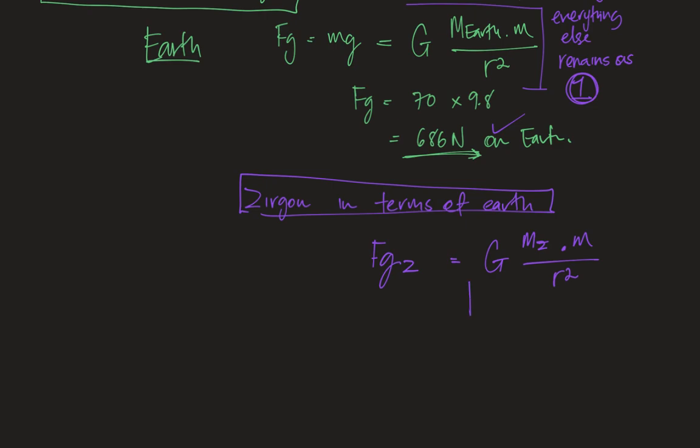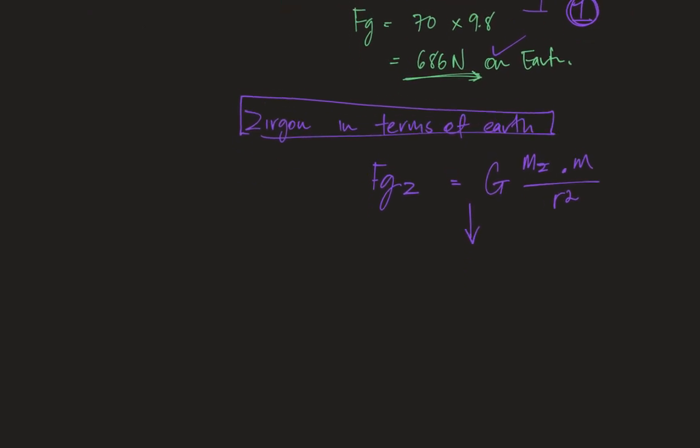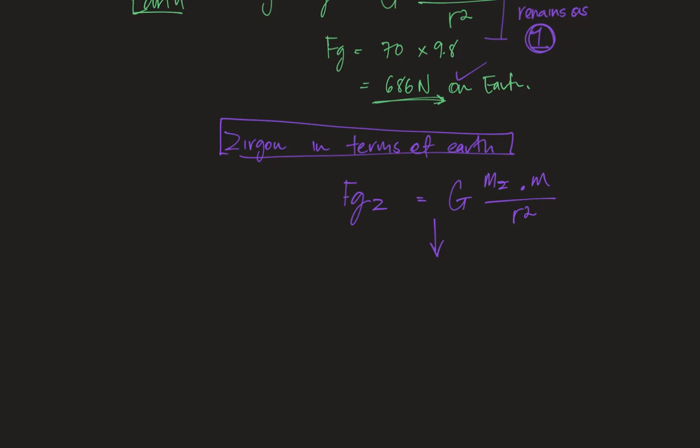But now they're telling us that if I want the force of gravity on Zygon, I've got to take G, 2 times the mass of Earth, all over r squared.